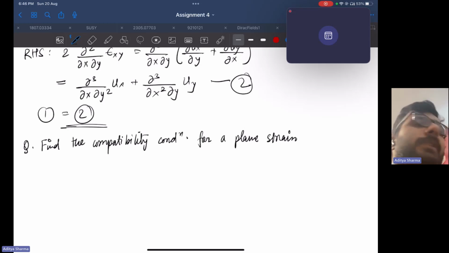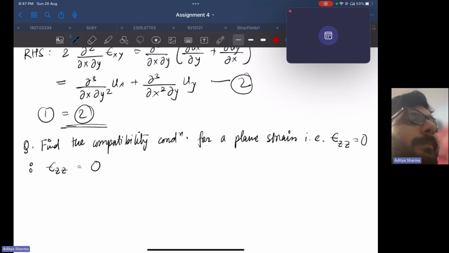So in this situation, epsilon zz is equal to 0, for example. So the way to find is that ezz is equal to 0.